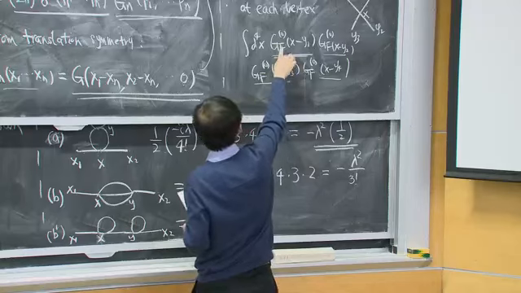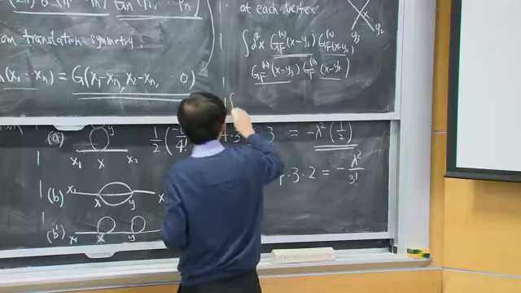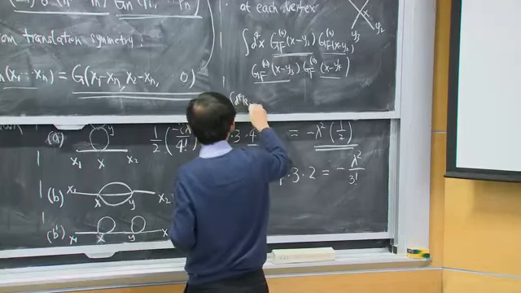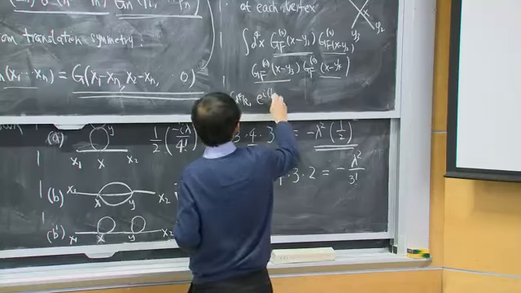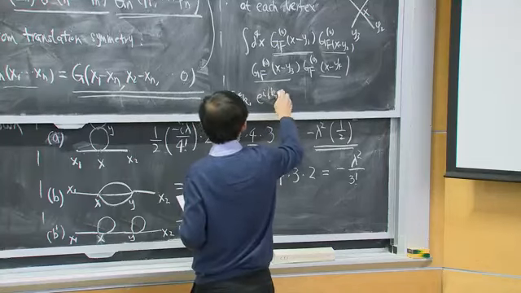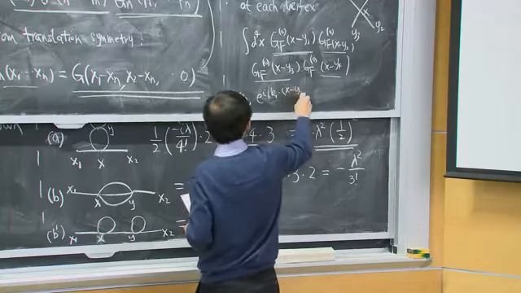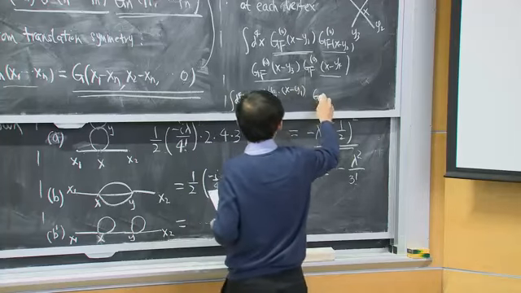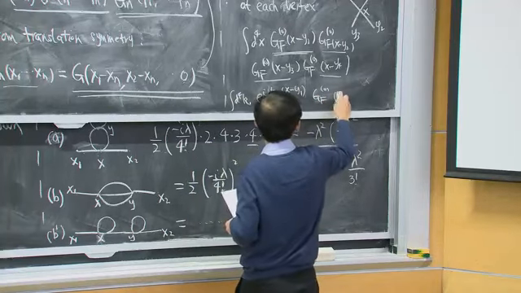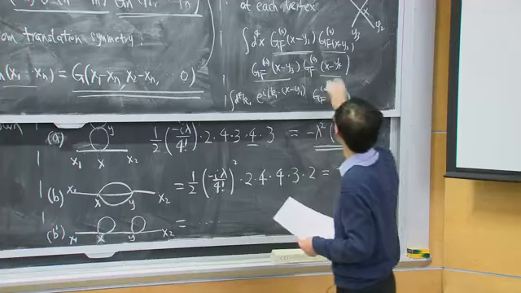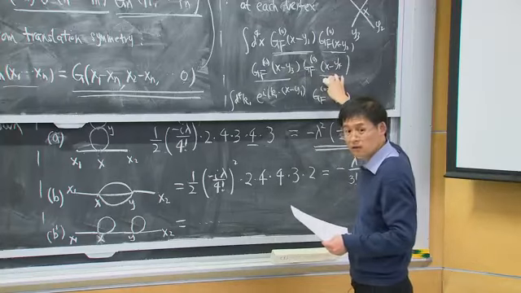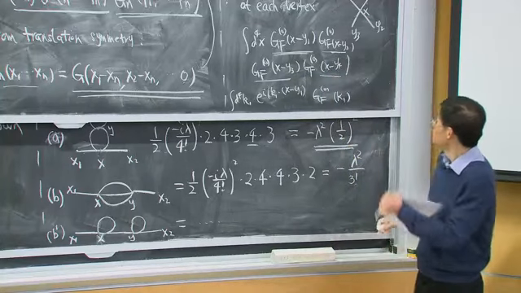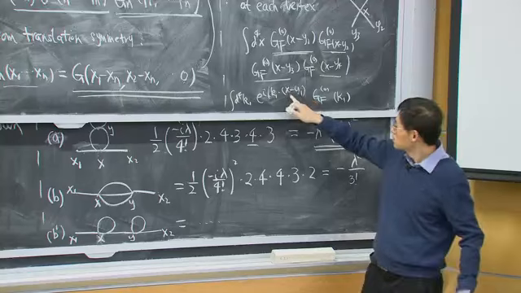Then you get d4k1 e to the i k1 times (x minus y1), then GF0(k1), and similarly for the others.